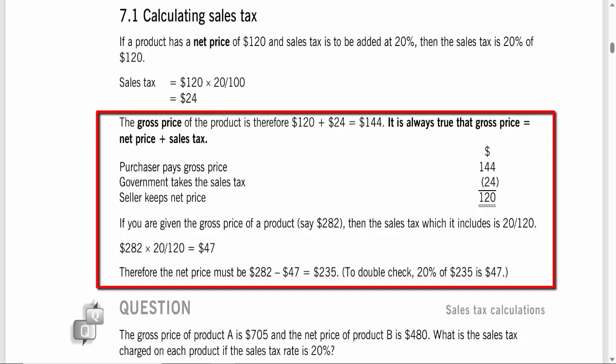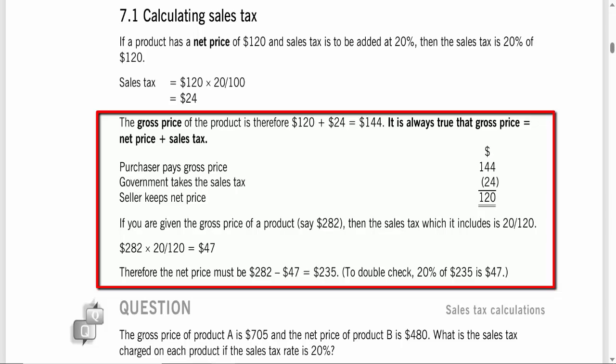Gross price calculation. The gross price of the product is simply the net price plus the sales tax. So in this example, gross price equals $120 plus $24, which equals $144. Thus, gross price is what the customer actually pays, and it always includes the net price plus sales tax.